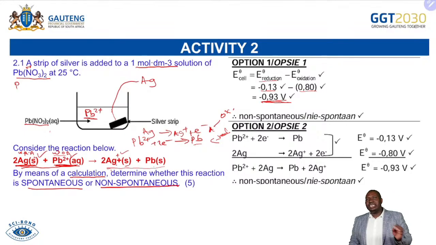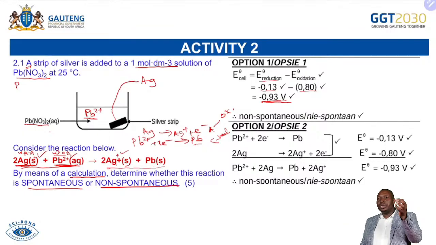But that is not the only way of calculating EMF of the cell. According to the given information, as I've done for you here, you can write the two half reactions. For the lead, it is Pb2+ plus 2 electrons forming Pb. For the silver, it is losing electrons. Because the electrons are not balanced, you multiply Ag by 2. Everything is multiplied by 2 there.